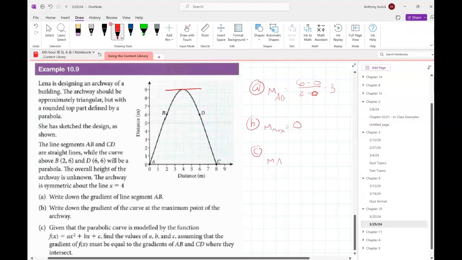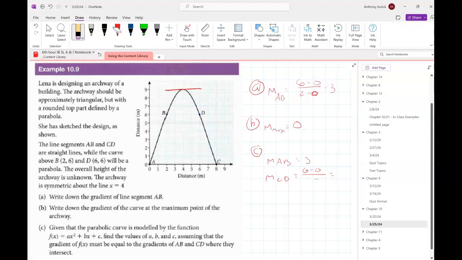Well, I know that the gradient for AB is 3, right? Let's find the gradient for CD. What do you expect it's going to be? -3, right? So it's 6 minus 0 over 6 minus 8. So -3.